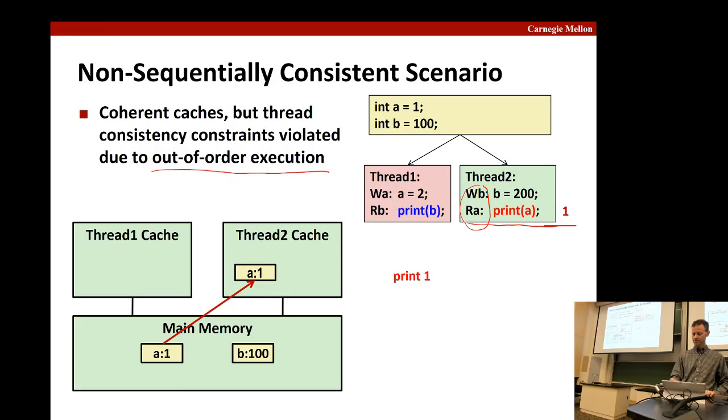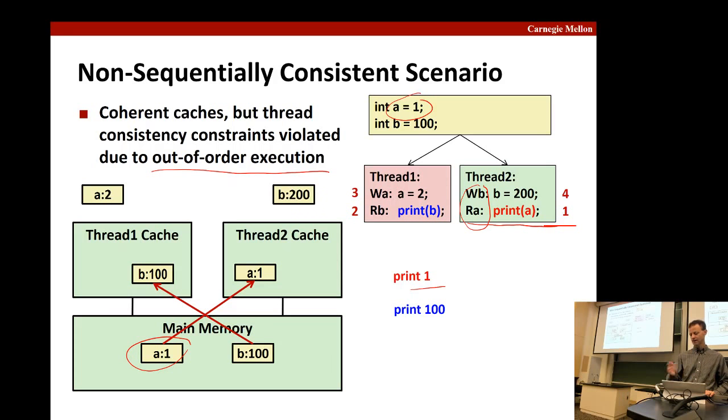Therefore you print 1, because that's the current value of A. And similarly on this side, you could have this one go first, and then later these writes to A and B occur.